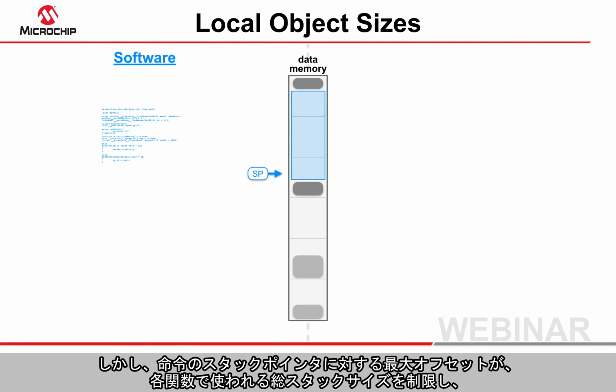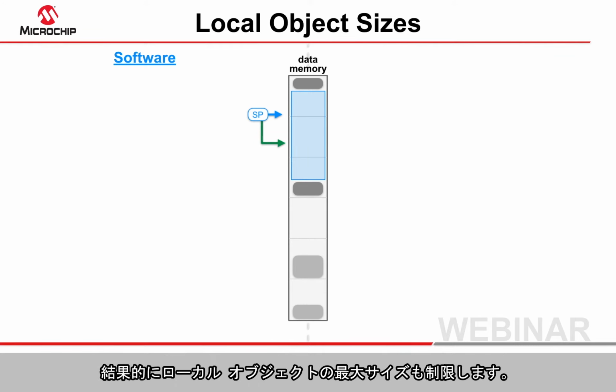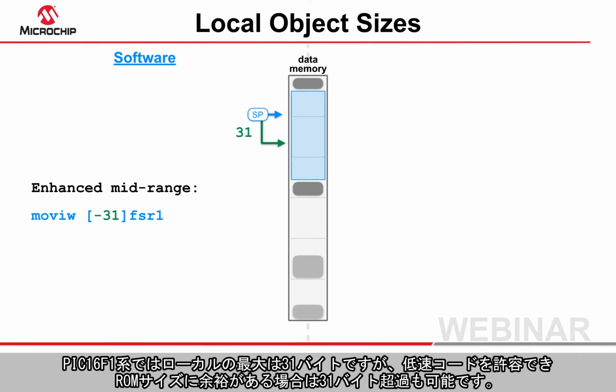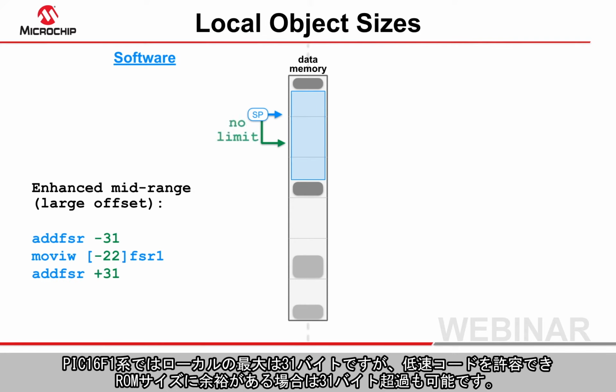An instruction's maximum offset to the stack pointer, however, imposes the main restriction on the total stack size used by each function, and hence the maximum size of a local object. For PIC18 devices, this limit is 127 bytes, and 31 bytes for enhanced mid-range devices, although you may exceed this latter limit if you can tolerate larger and slower access code.